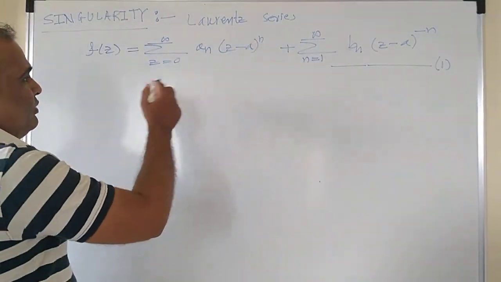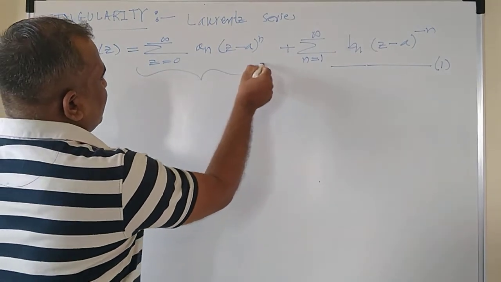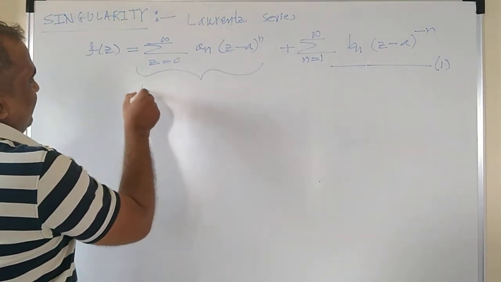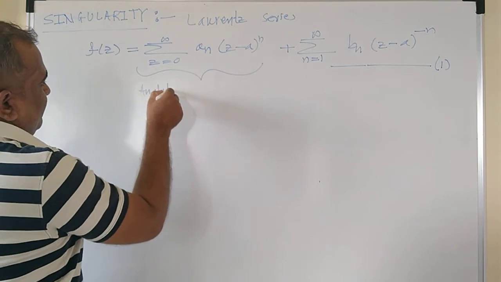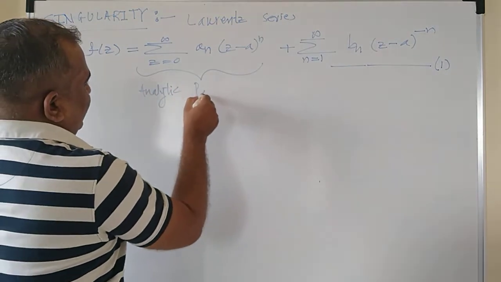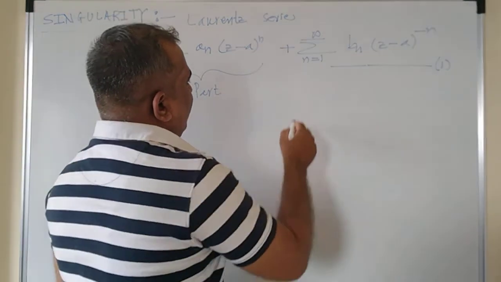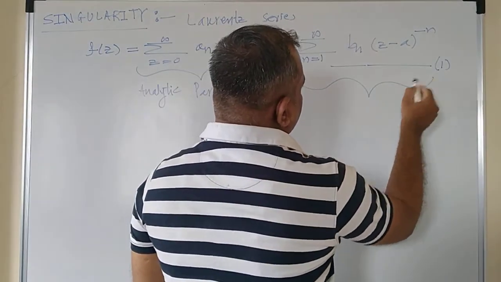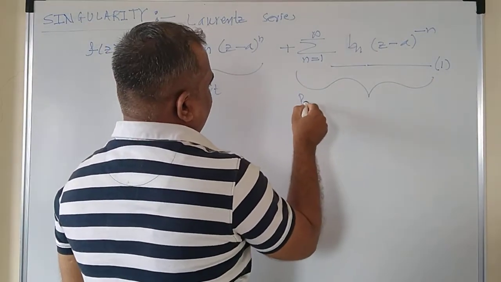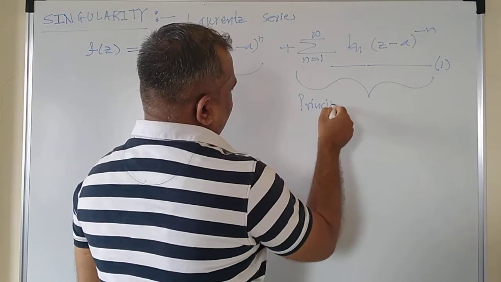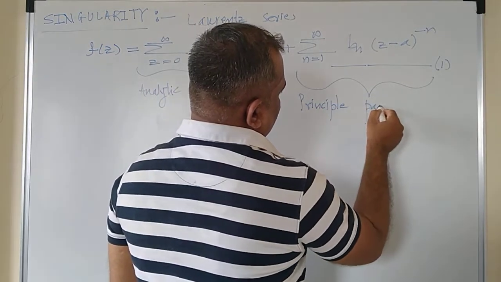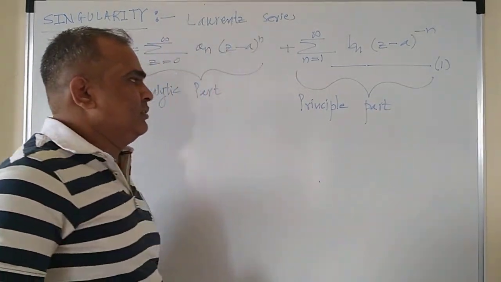Out of these two terms, the first term is called the analytic part, whereas the second term is called the principal part of the series.